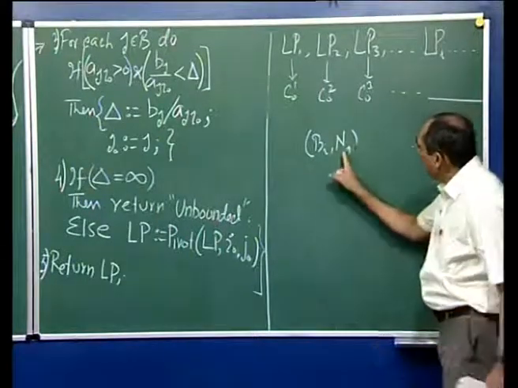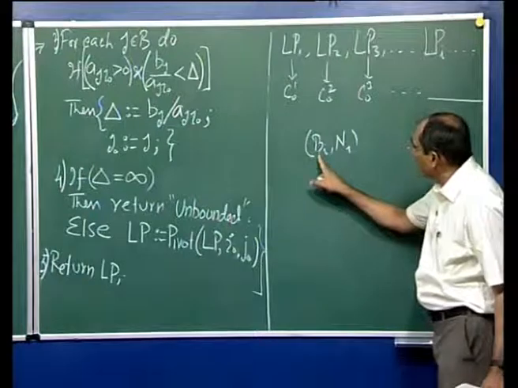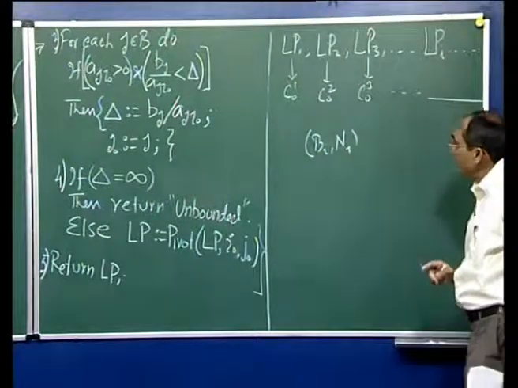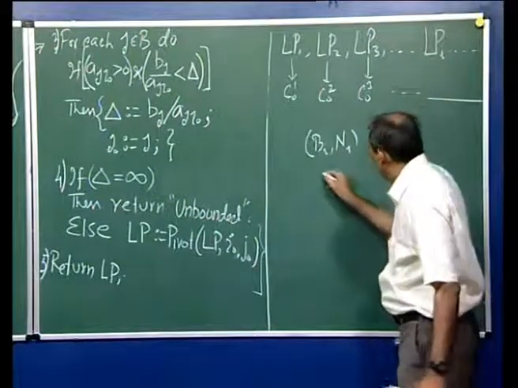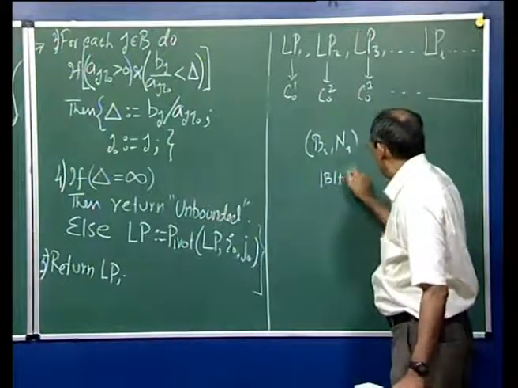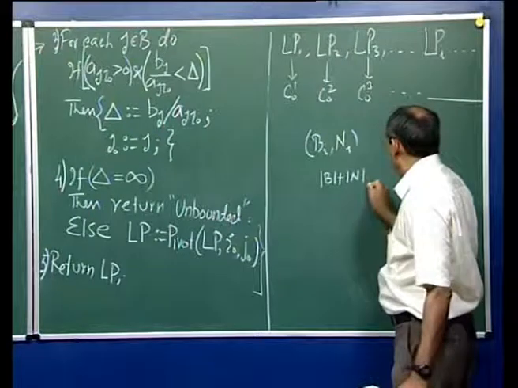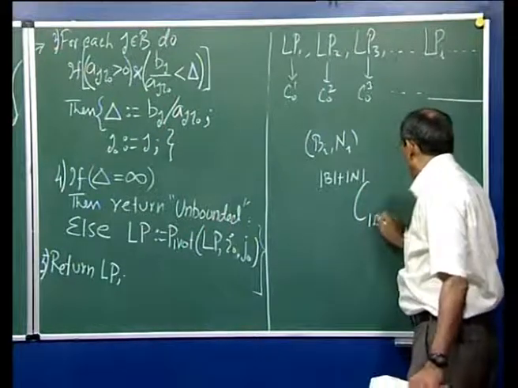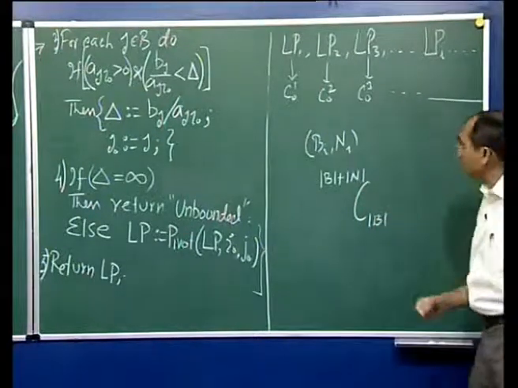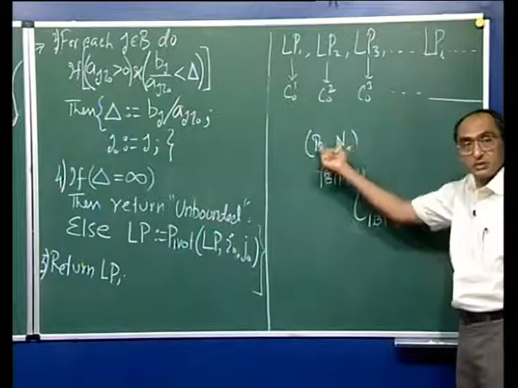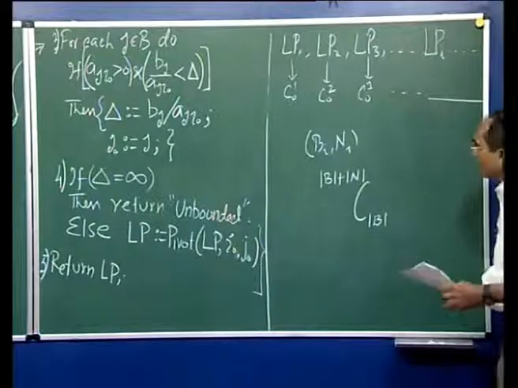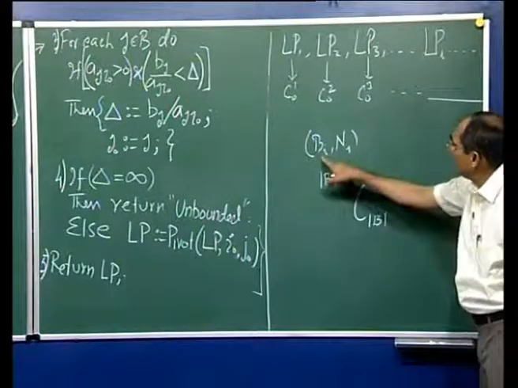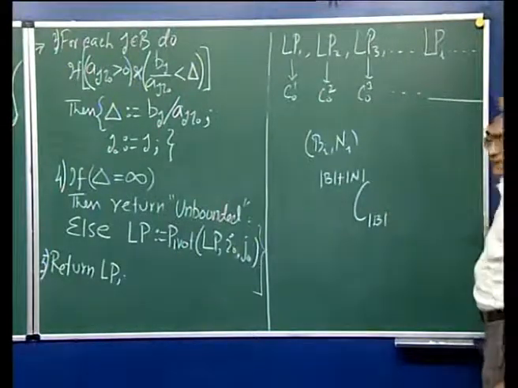In each step, one variable migrates from here to here and one from here back to N. So ultimately, because there are only a limited number of possible ways, at most |B| plus |N| choose |B|, to partition those variables into these two sets, and their sizes are always the same, this pair must reoccur somewhere.